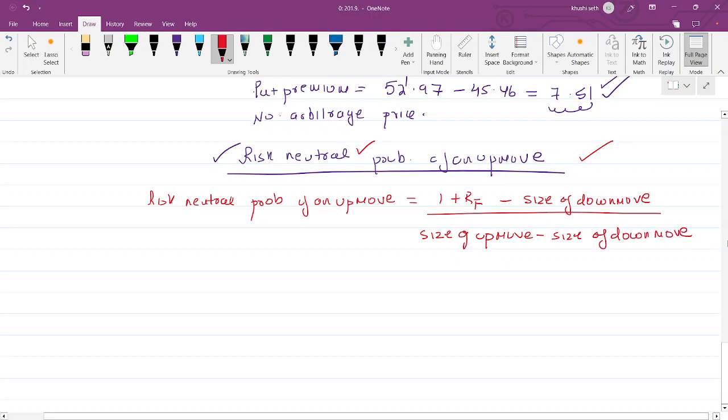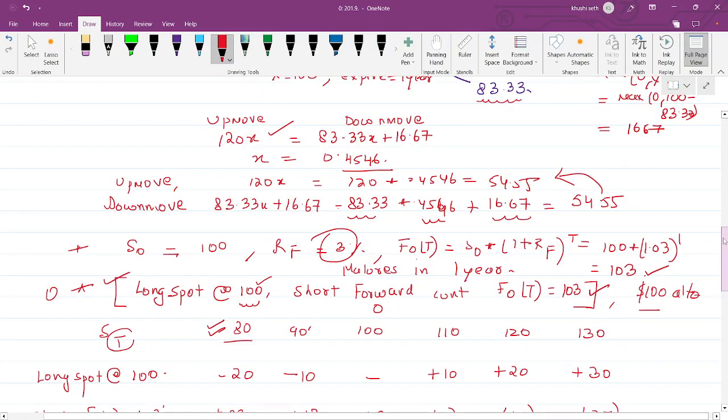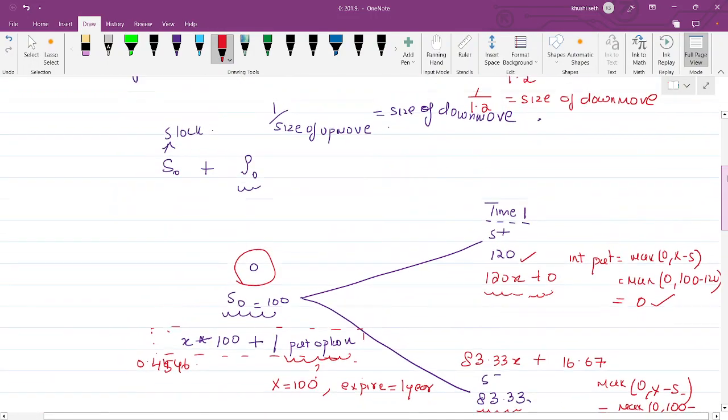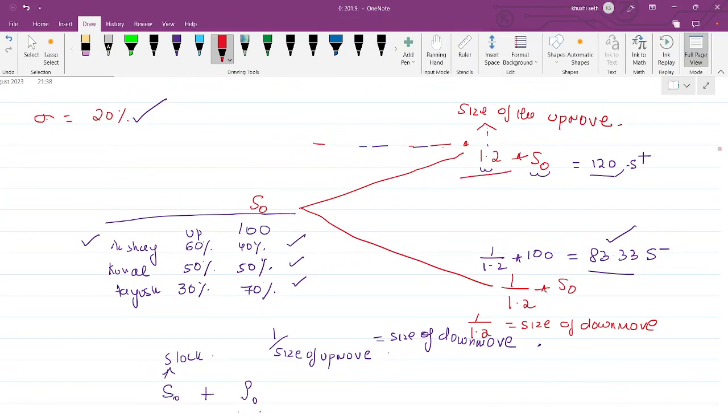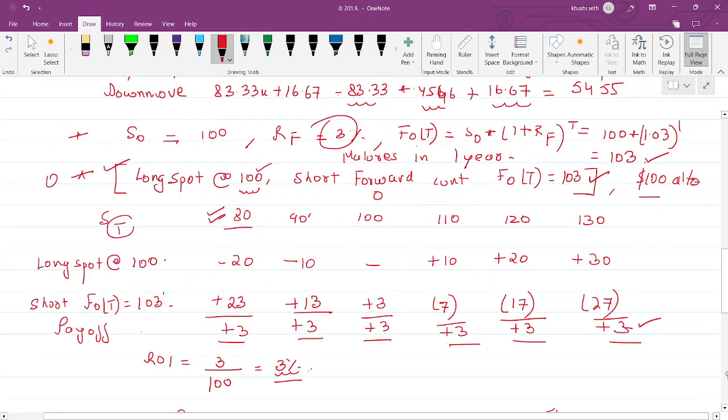So I had defined the size of the up move and the size of the down move. The size of the up move is 1.2, and size of the down move is 1 by size of up move, that is 1 by 1.2, which is nothing but 0.833. So my size of up move is 1.2, size of down move is 0.833, right?